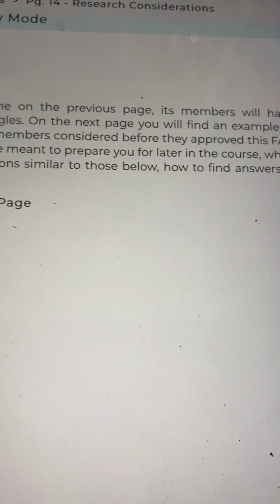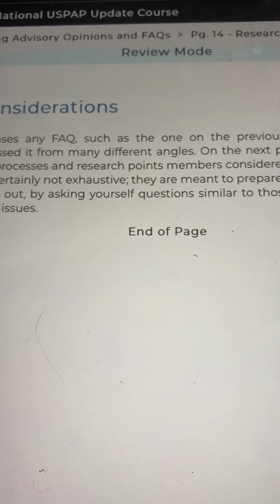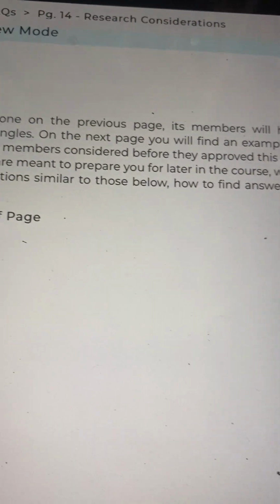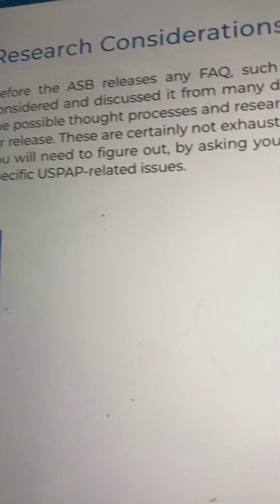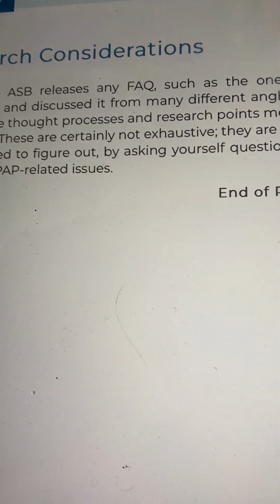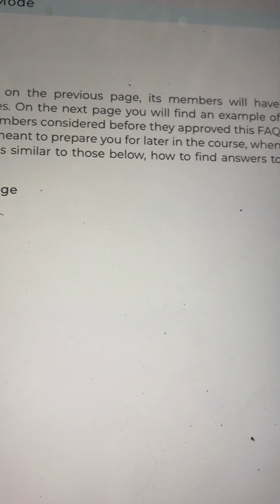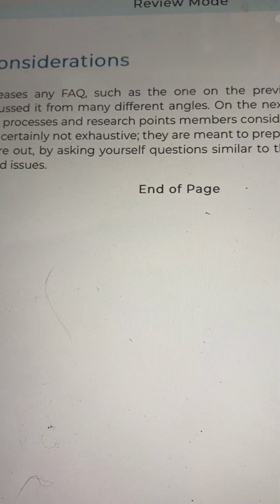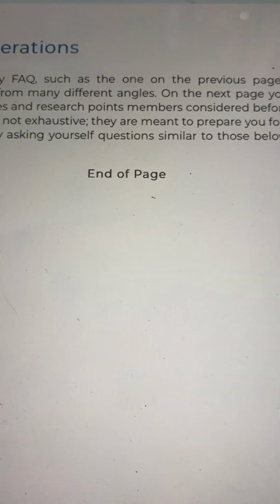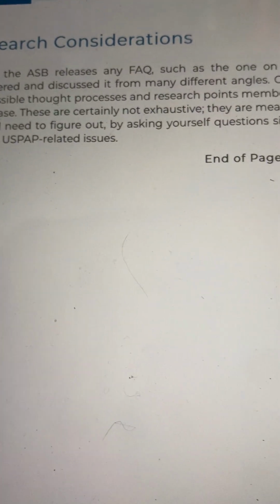On the next page, you will find an example of the possible thought processes and research points members considered before they approved this FAQ for release. These are certainly not exhaustive. They are meant to prepare you for later in the course when you will need to figure out, by asking yourself questions similar to those below, how to find answers to specific USPAP related issues.